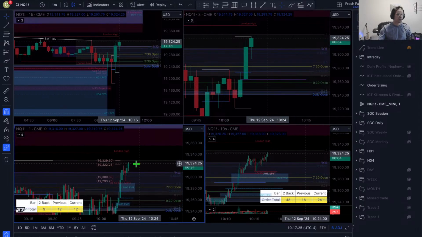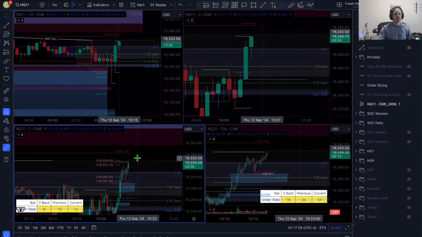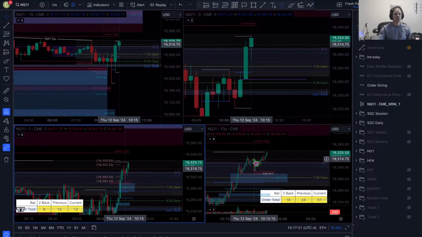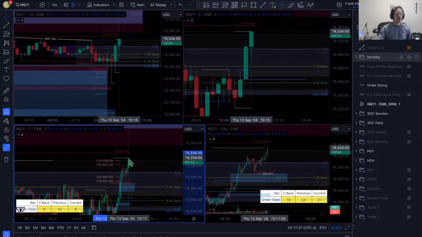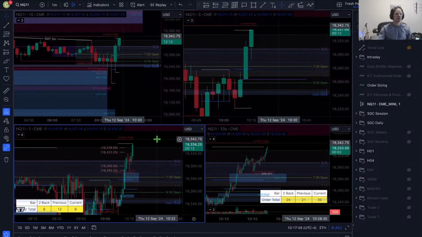Notice I'm expanding this because I don't see more impulse from here. Also notice that I traded something like this, like it's not very good RR. Here comes London. Starting to get sort of impulse on that one.